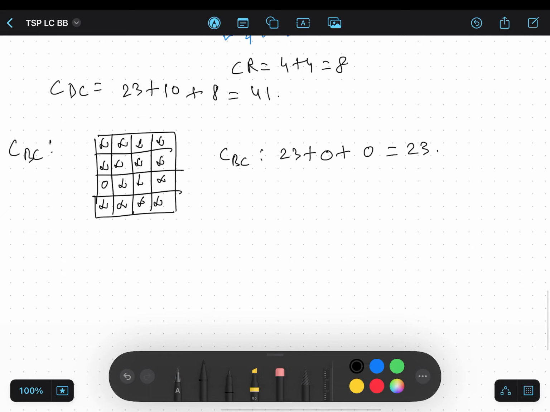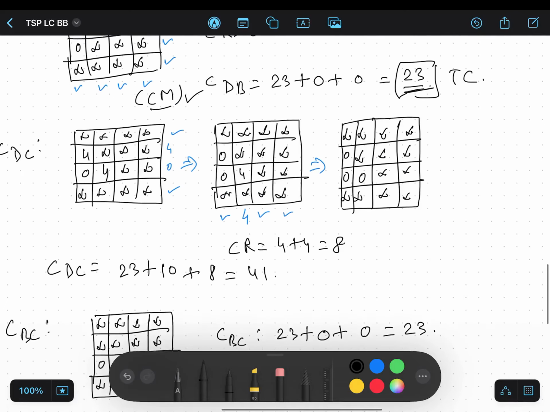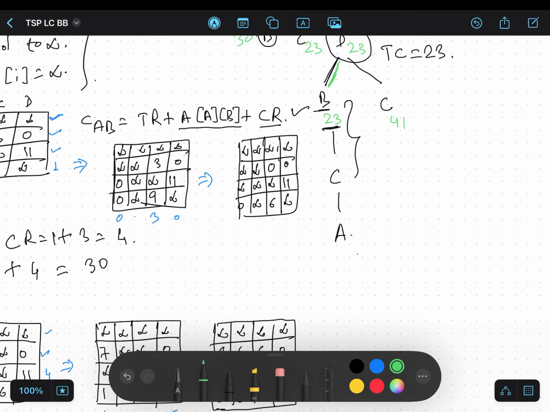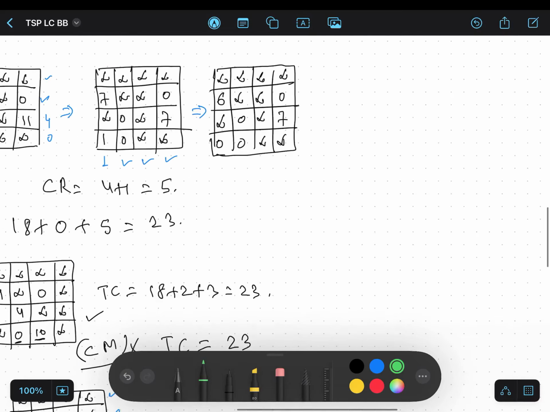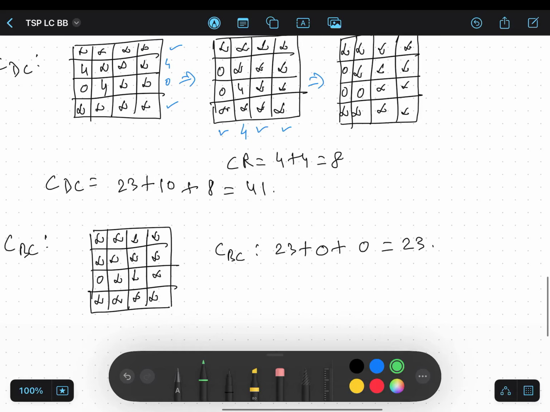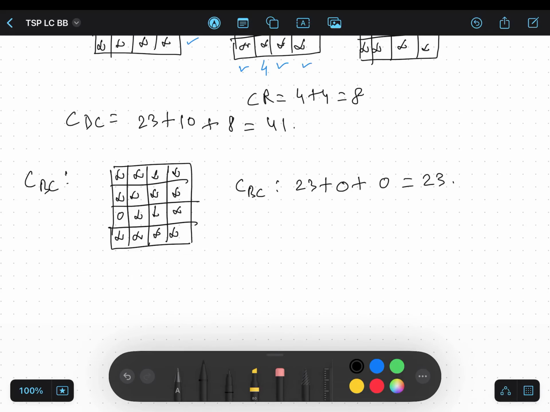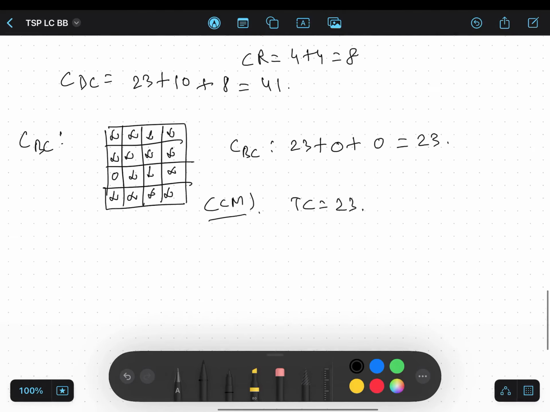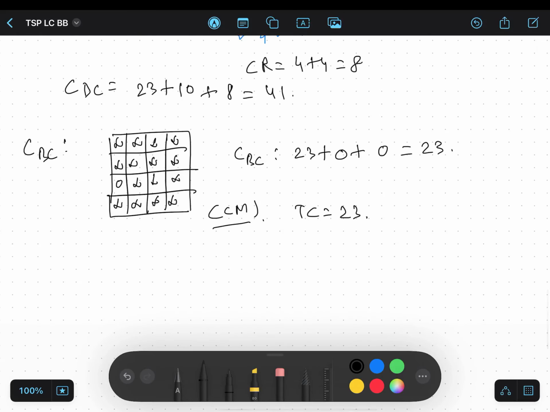Now because we reached BC, so the BC matrix is going to be our current matrix, and current total cost is 23. This is not our current matrix. So now from BC we are going to go back to A, which is CA.